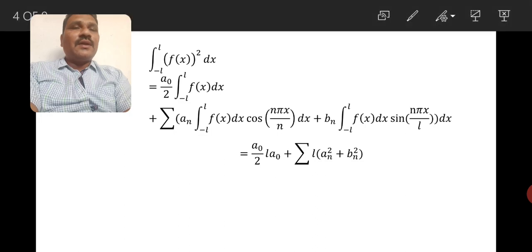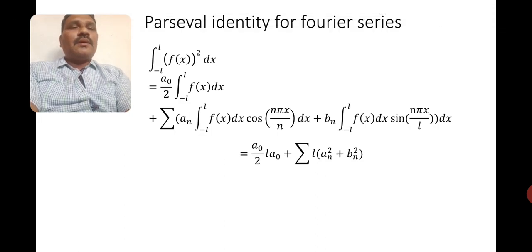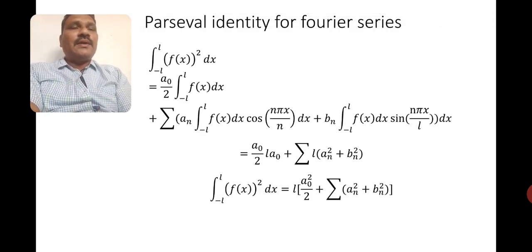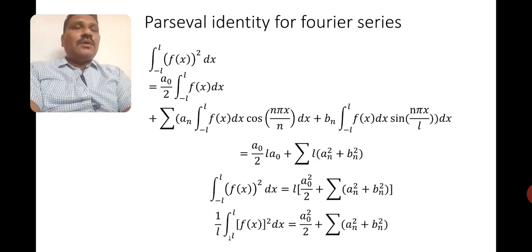After final adjustment, L is common, so 1 by L integral minus L to plus L f of x whole square dx is equal to a naught square by 2 plus summation an square plus bn square.